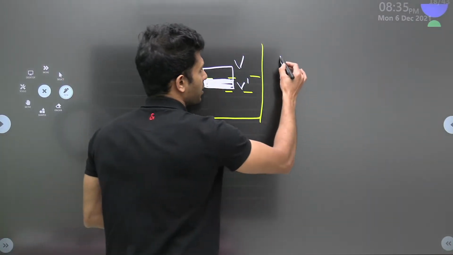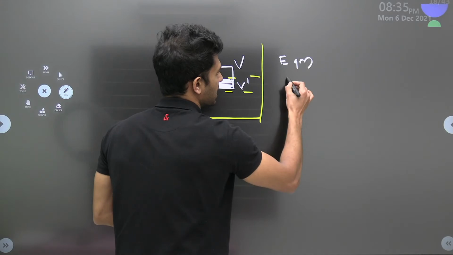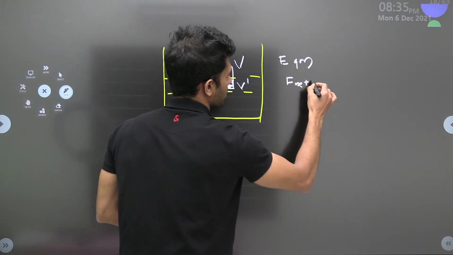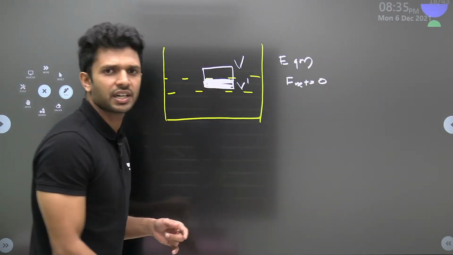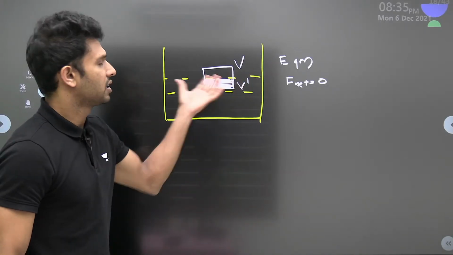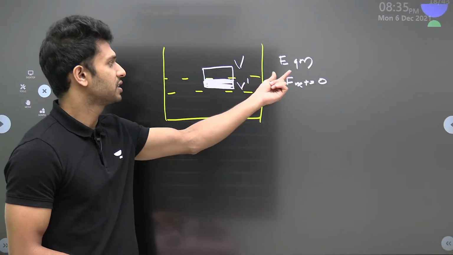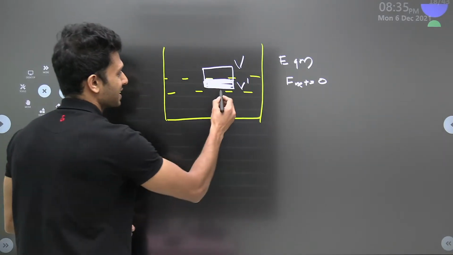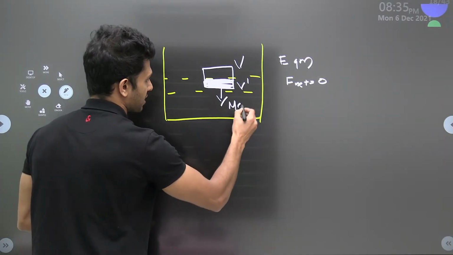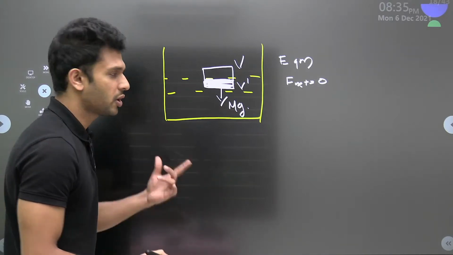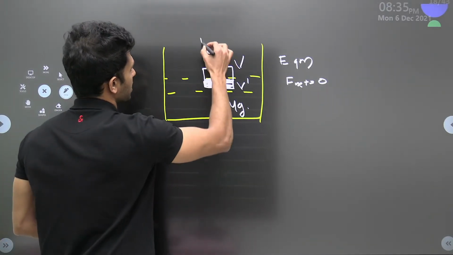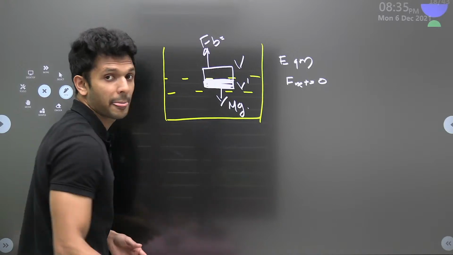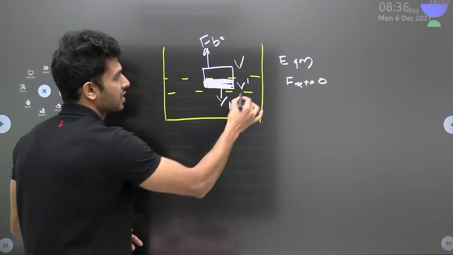Is the body in equilibrium? Obviously. Is the net force acting on the body 0? Without any doubt. If the body is in equilibrium, net force has to be 0. Mark the forces. mg, weight of the body, downward. Upward, buoyant force. What is the buoyant force?